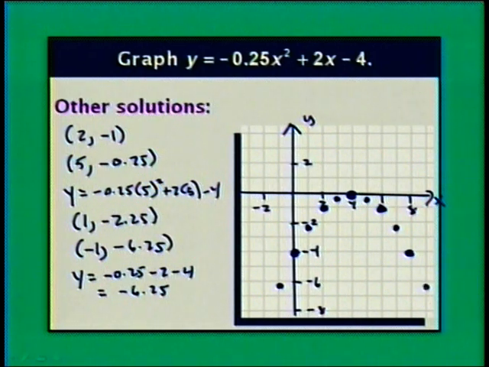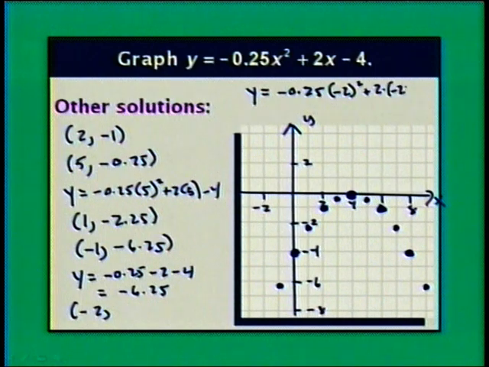Let's just do one last check and figure out what's going to happen when x equals negative 2. Then I'm going to do my calculation up here at the top. Then y is going to equal negative 0.25 times negative 2 squared plus 2 times negative 2 minus 4.